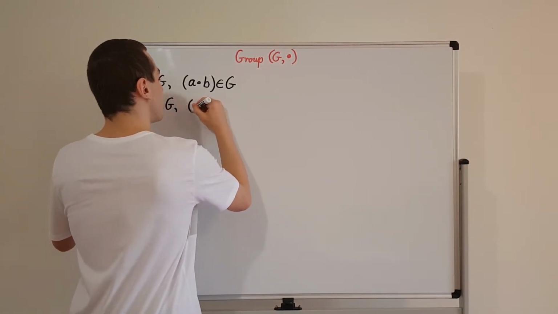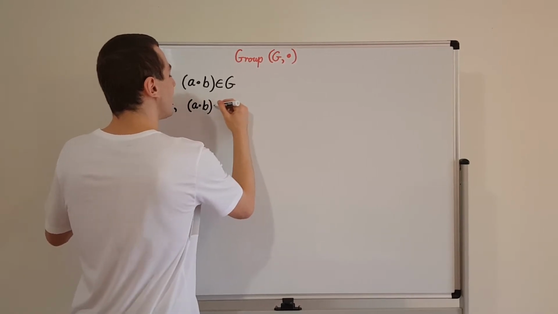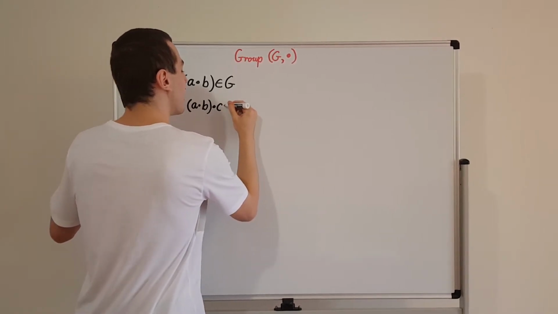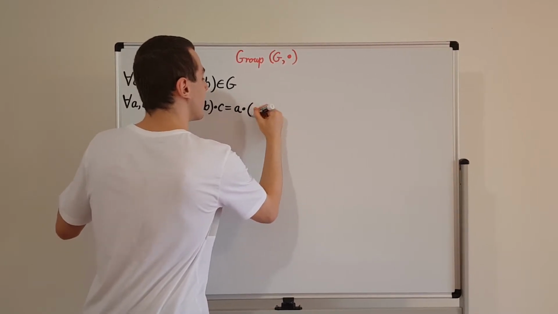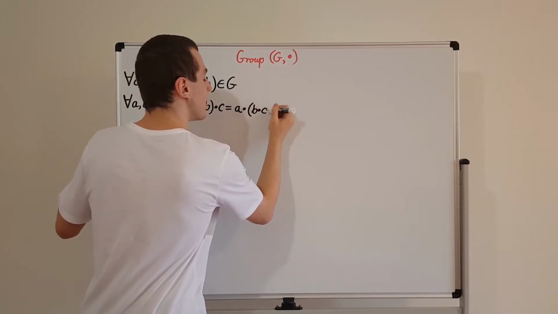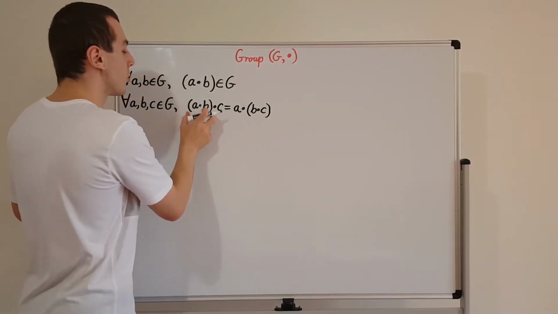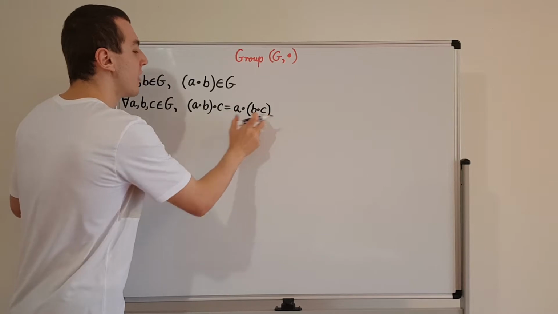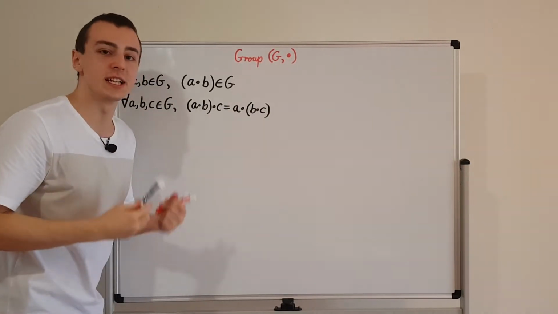So if I group together A dot B, and then I combine that with C, that's going to be equal to A dot B dot C. So just the groupings over here, where I put the parentheses, which one of these I evaluate first, that does not matter. That is the associative property, also known as associativity.